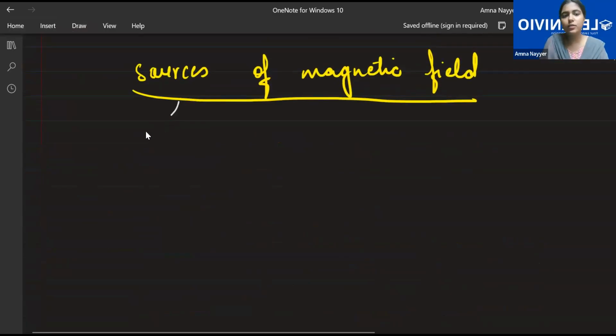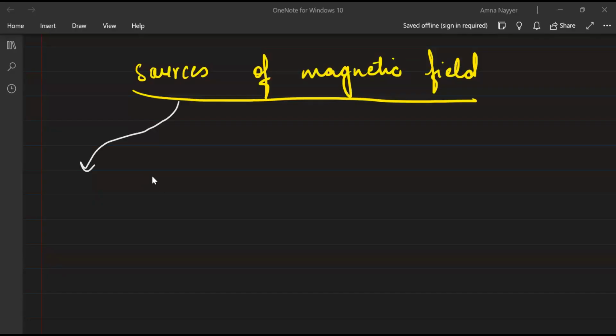Look, regarding the sources of magnetic field, just a second, let me reshare the screen. Yeah, so let's talk about the sources of magnetic field.